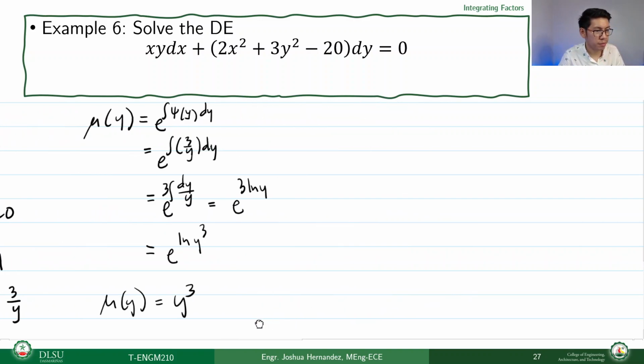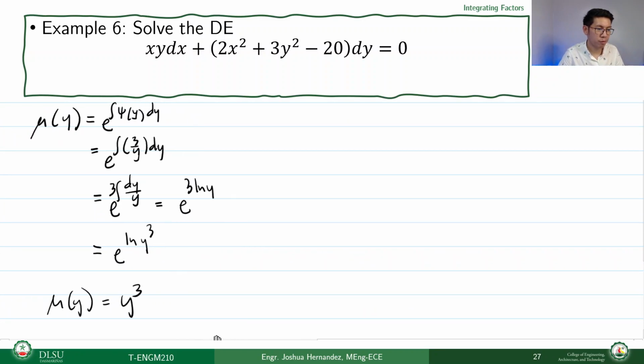Now that we have an integrating factor of y cubed, hindi masaya pagka mag-isa lang siya. Kailangan natin siyang pahayuin at magpakarami. And that is by forming a new function. Anong step na ba to? D ata.